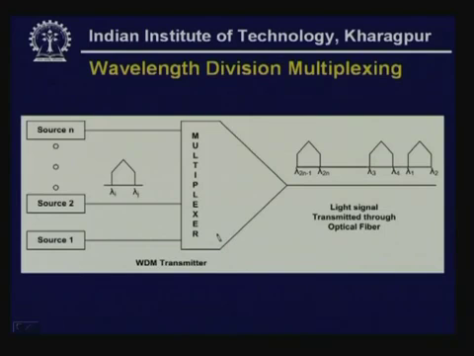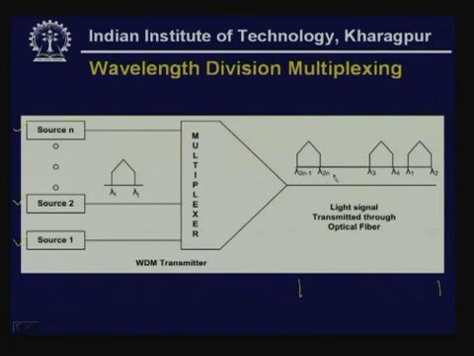So, the basic approach, as you can see, is the same. Here you have got a number of sources, n sources coming, 1, 2 and n, and here is the bandwidth of the optical signal, and these are multiplexed. This is the bandwidth represented in terms of wavelengths. This is the bandwidth of the first signal, lambda 1 to lambda 2, then lambda 3 to lambda 4 coming from source 2. In this way, lambda 2n minus 1 to lambda 2n, that is coming from source n.